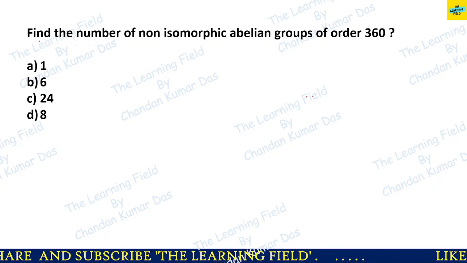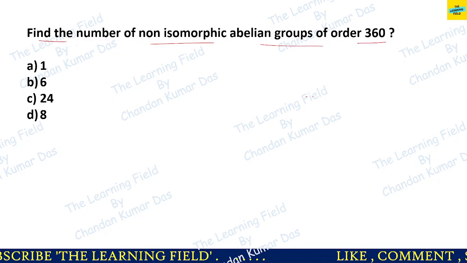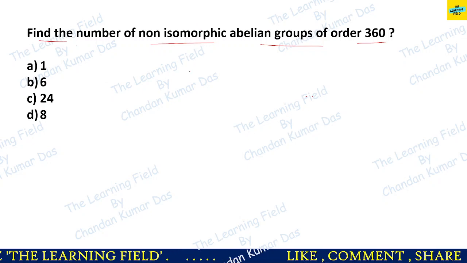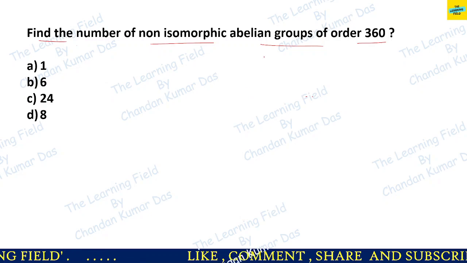The first question is: find the number of non-isomorphic abelian groups of order 360. This is a very repeated question type in CSIR and GATE also.